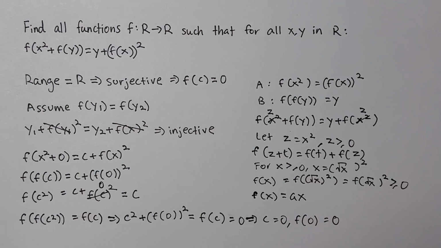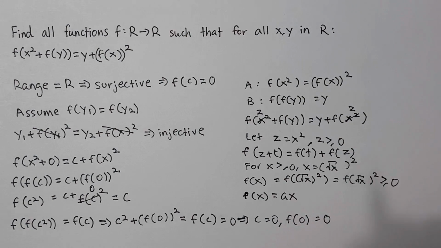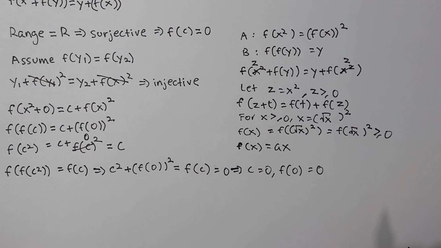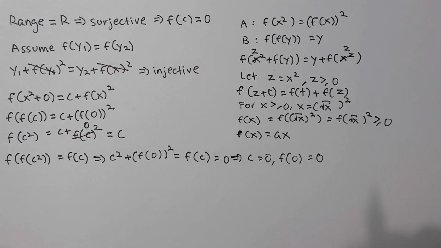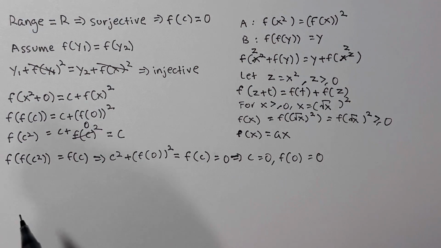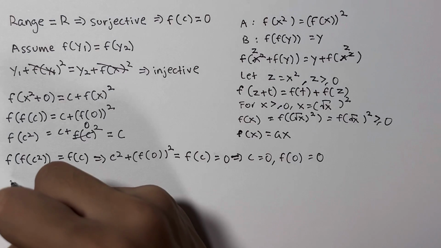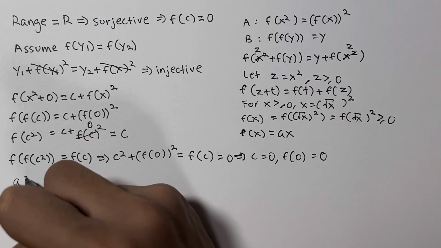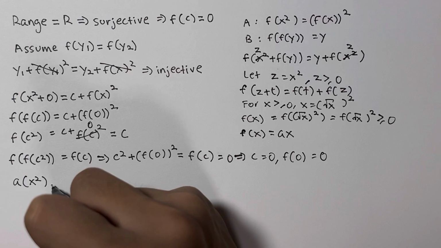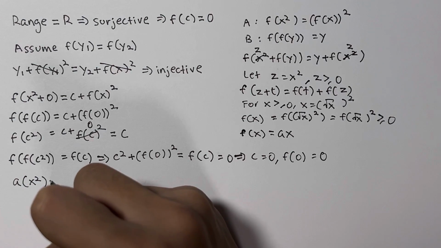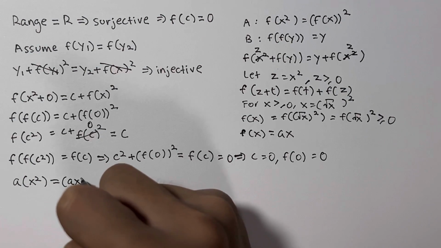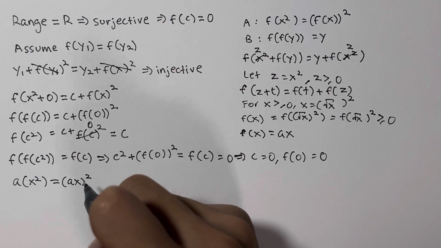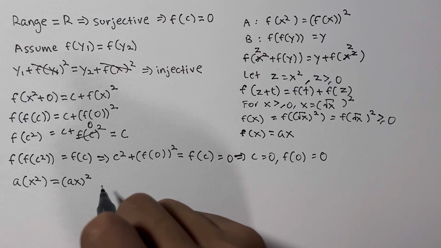Let's substitute f(x) into the condition f(x²) equals (f(x))². So basically, we'll have a times x squared equals (ax)². So ax² equals a²x².